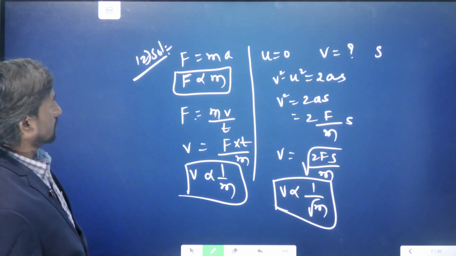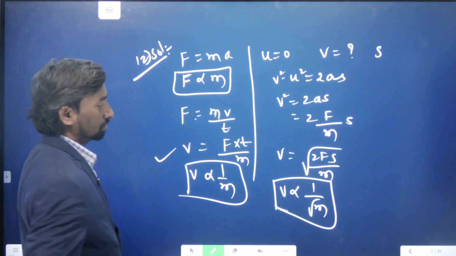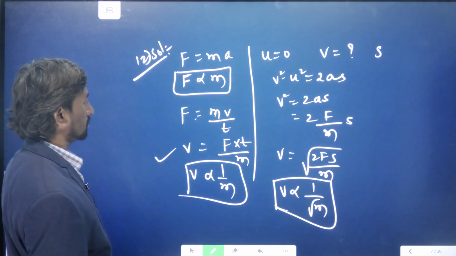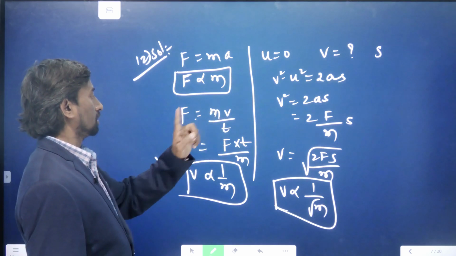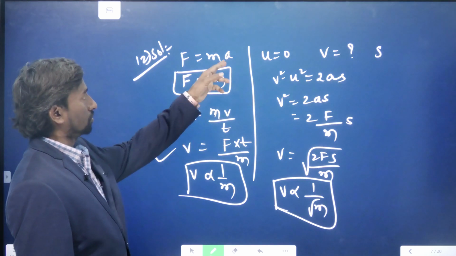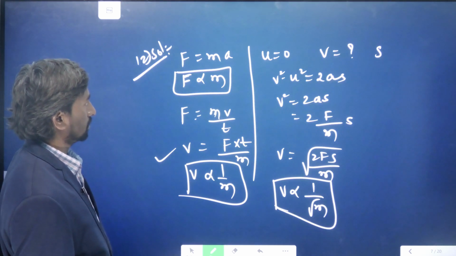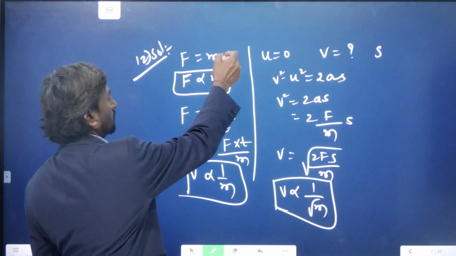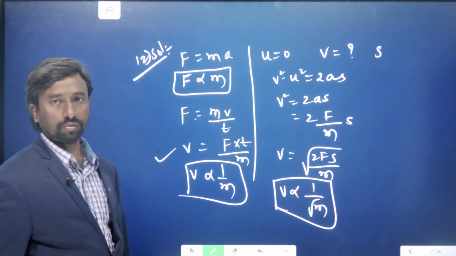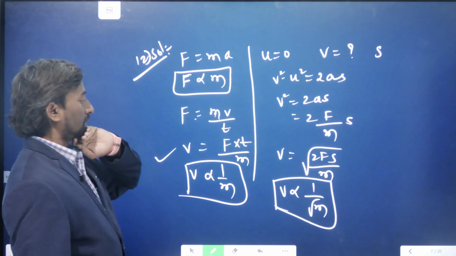This is the case whenever acceleration is constant. Acceleration a is equal to v by t, no? If it is moving with uniform acceleration, the v value may change, but the change in velocity divided by the time will be constant.